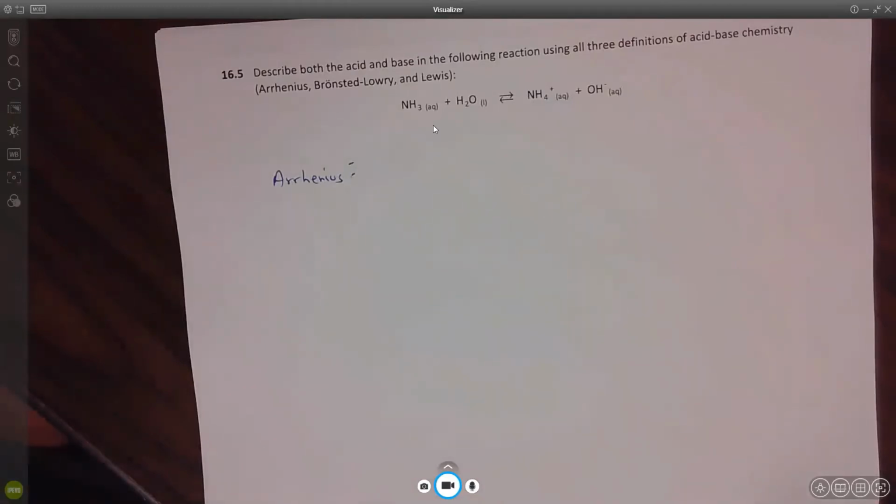Taylor, what do you think the Arrhenius acid or base? So what is the definition, let's say, of an Arrhenius acid? The acid is a proton donor. Nope, that's a Bronsted-Lowry.